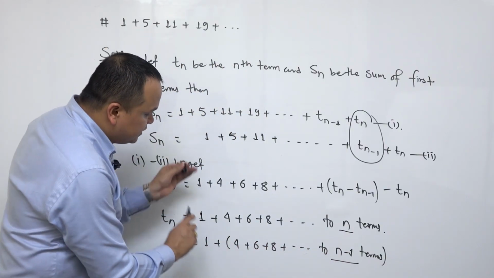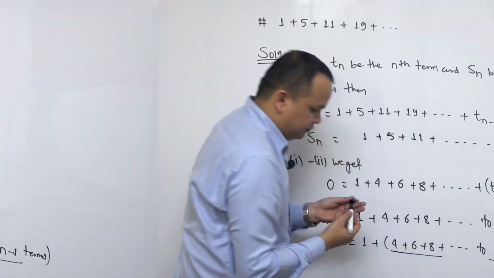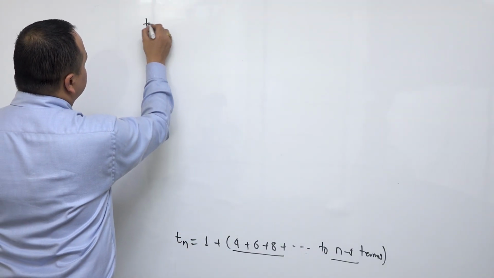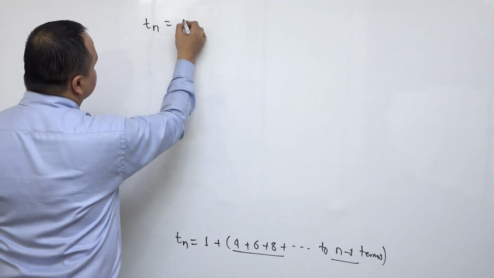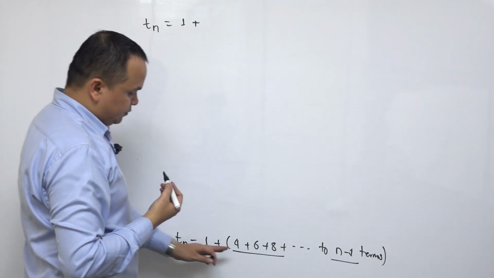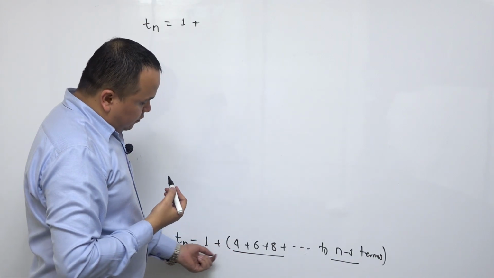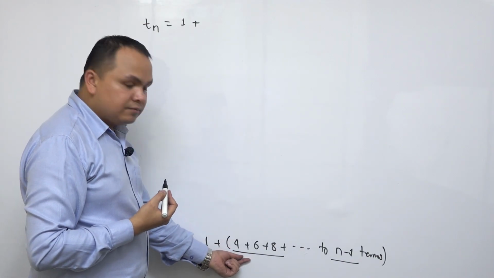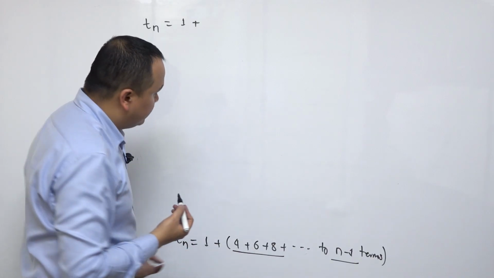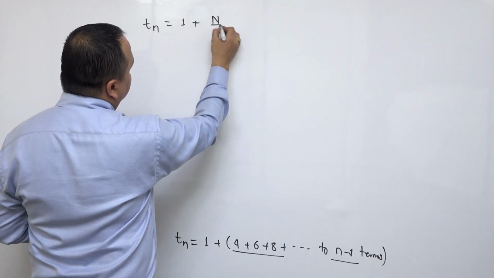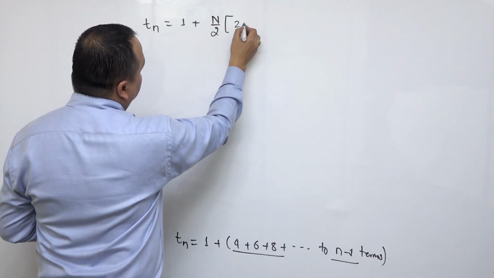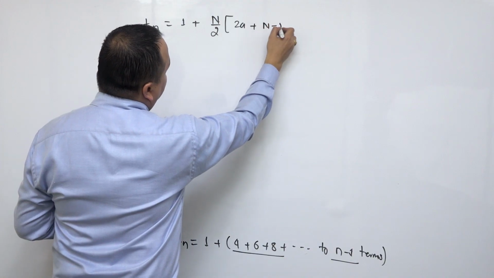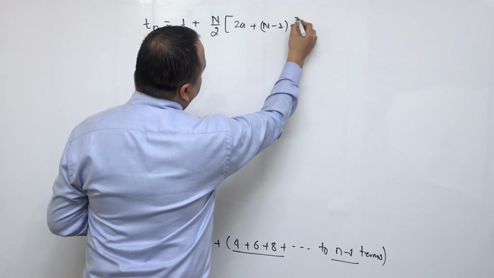Now, you complete our APs. Continue. Tn is equal to 1 plus the formula for sum of AP: n by 2, 2a plus n minus 1 times d.